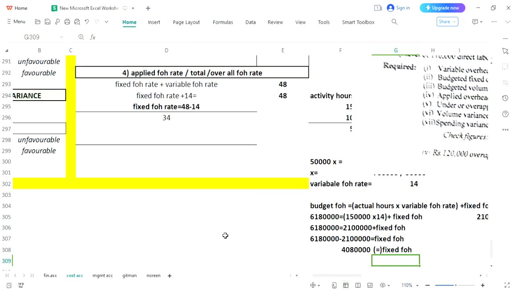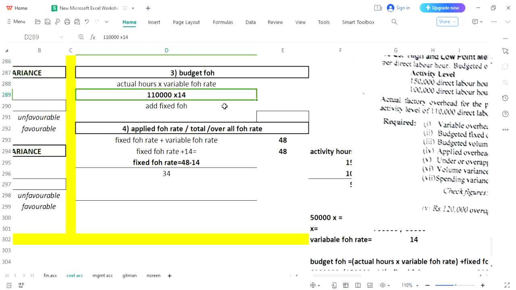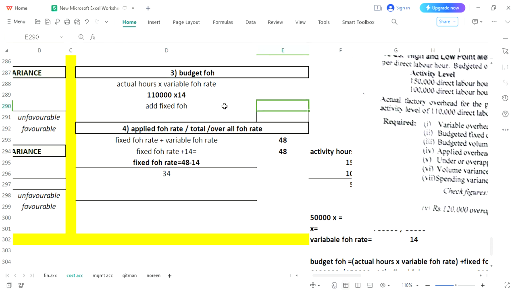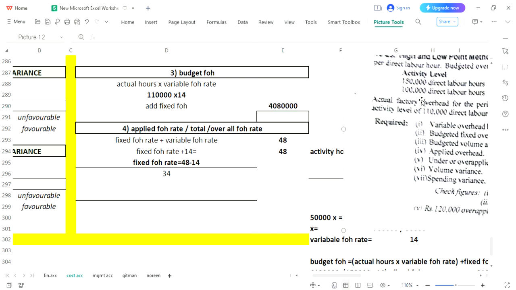And fixed FH was also calculated through our formula. Here in requirement number 2 was fixed FH. Fixed FH is calculated as 40,80,000. You need to add 40,80,000 fixed FH. Again I will let you see.